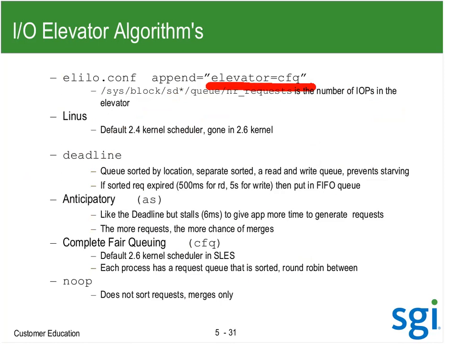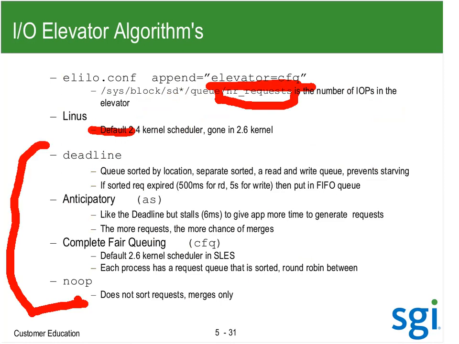I'm going to come back and demonstrate this tomorrow. But in /sys/block/<device>/queue, nr_requests is the number of I/O operations that are in the elevator. It's 128 by default. Now, the older 2.4 kernels just did an up and down the elevator to sort and merge. In 2.6, they created 4 elevator algorithms.